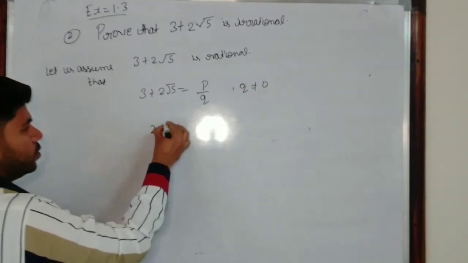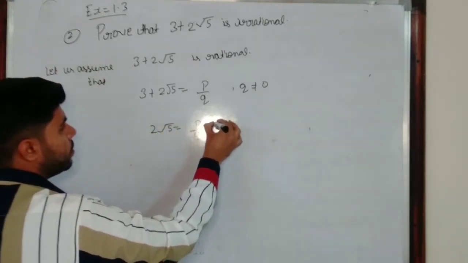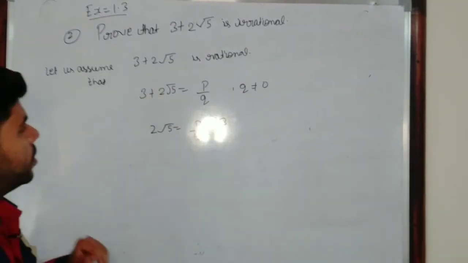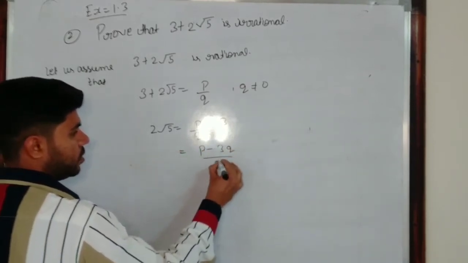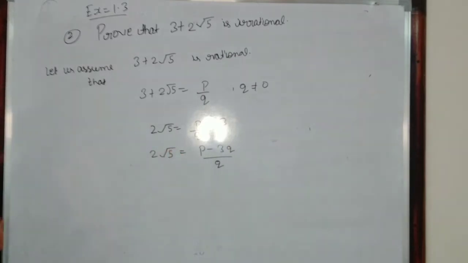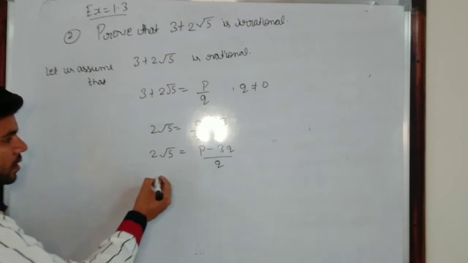Now 2 root 5 is equal to p upon q minus 3. So 2 root 5 is equal to p minus 3q upon q, where we simply take the LCM.